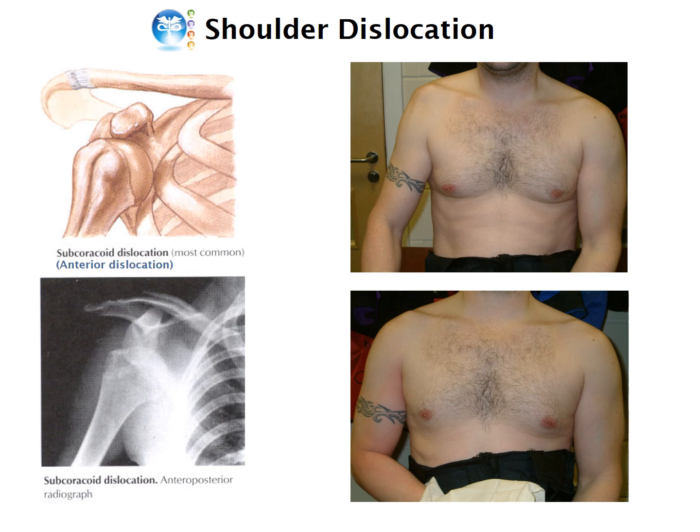In the upper right image, this patient suffers from a subcoracoid dislocation. Notice how his right arm is fixed at his side with slight lateral rotation. This tells us that it's an anterior dislocation because the head of the humerus is now facing more anteriorly than it once was when seated in the glenoid fossa.